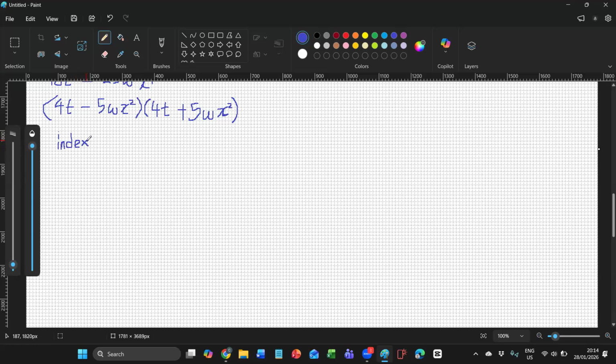In English you can say indexes, but in mathematics, instead of the plural of index being indexes, it's actually what? Indices. And an index is equal to the word order.